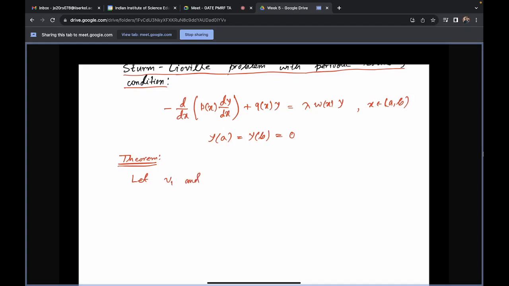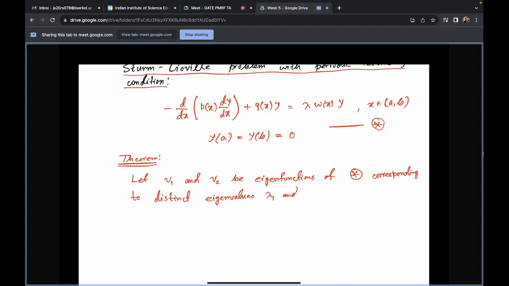Let v1 and v2 be eigenfunctions of, let me call this the star, corresponding to distinct eigenvalues lambda 1 and lambda 2 respectively.